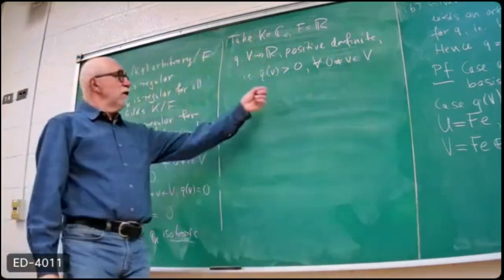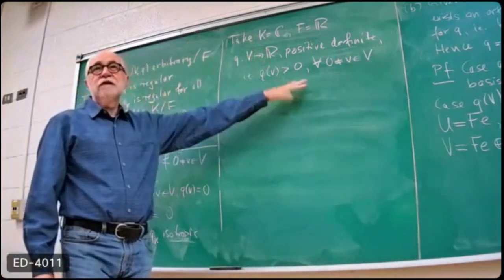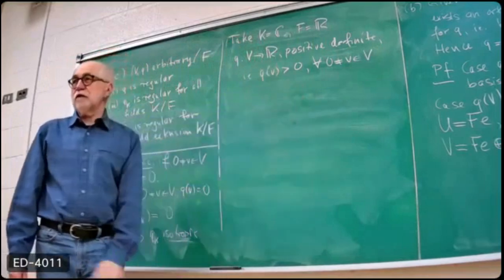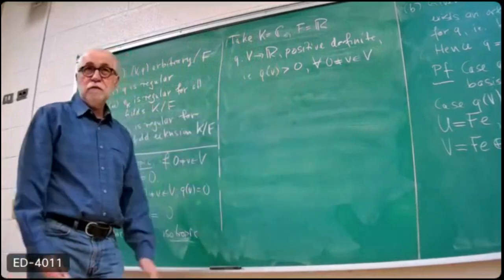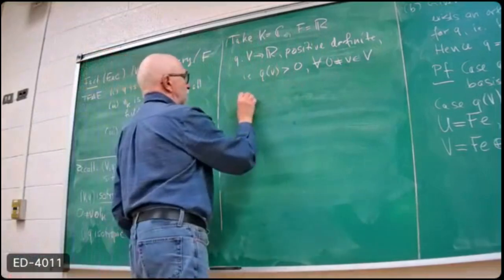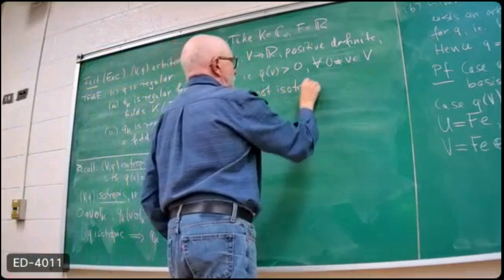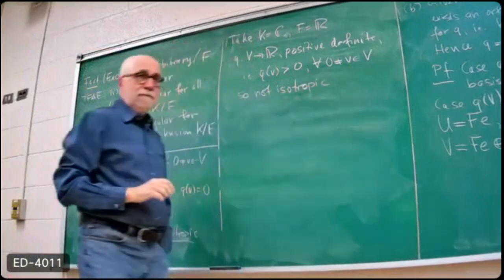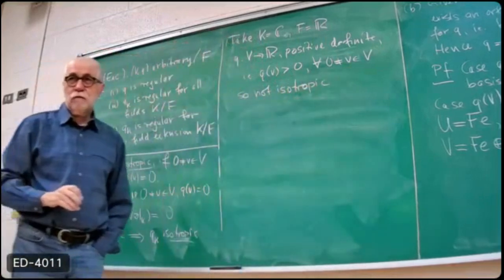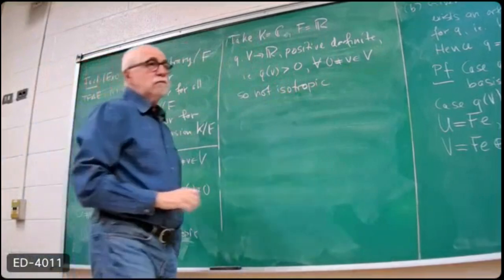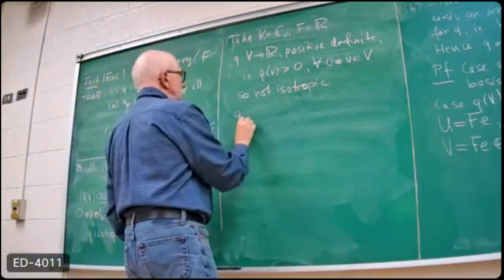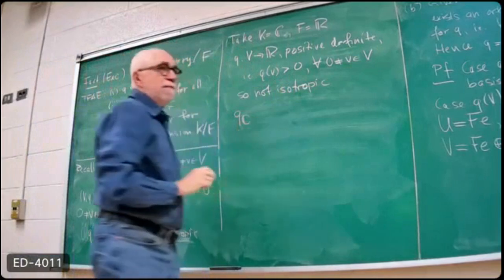And so because of this condition, a positive definite quadratic form will definitely not be isotropic. Now, what happens if we go up to C?